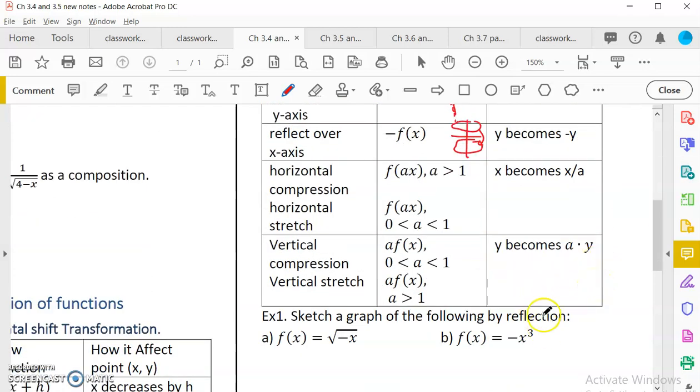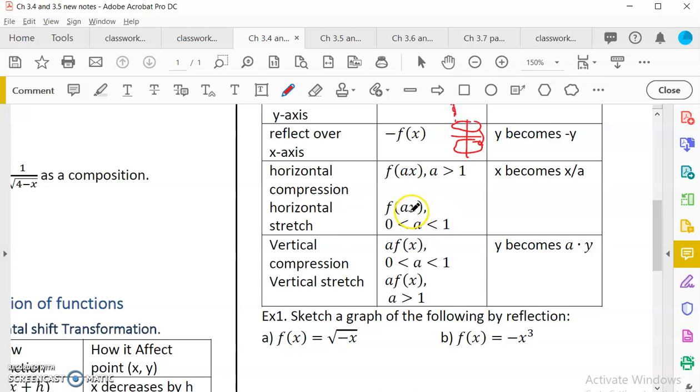We also have two more, called horizontal compression and horizontal stretch. That is when you multiply a number a inside the function. That means instead of x, now you have ax. If a is greater than 1, x becomes x over a. It is a compression. You multiply by a big number, it becomes a compression.